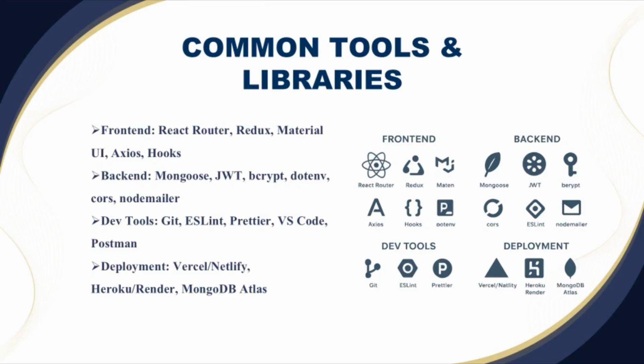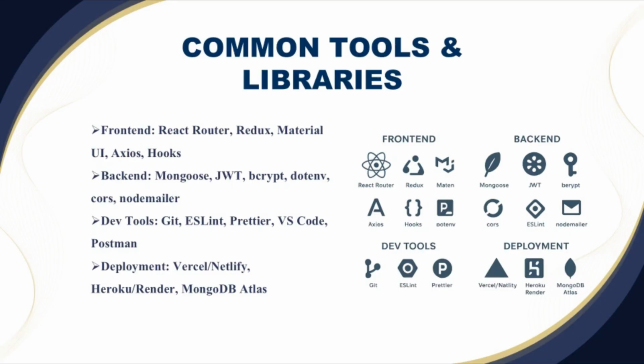In a MERN stack project, developers often use a set of helpful tools and libraries to speed things up. On the front end, you will commonly see React Router for navigation, Redux for state management, Material UI for styling, and Axios or hooks for handling data. On the back end, popular choices include Mongoose for database interaction, JWT and bcrypt for authentication, .env for environment variables, and CORS or Nodemailer for added functionality.